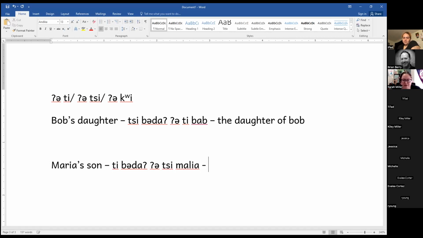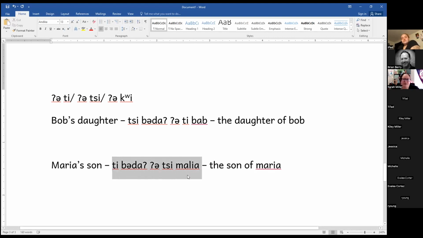And that translates back into the son of Maria. It's interesting to see how we form things in Lushootseed. Maria's son and the son of Maria are the same thing, so either or.